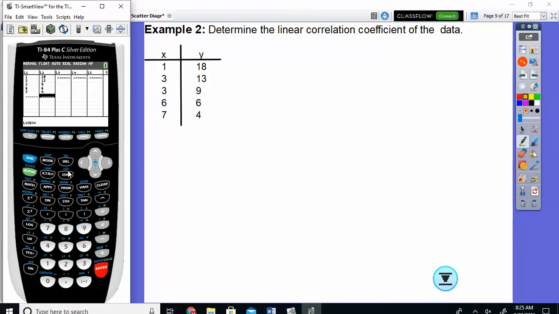So then, if I just want to get all my information at once, you can go to Stat, Calculate. You can either do one variable stats and do it once for L1 and once for L2, or if you go to two variable stats, your first one is L1, your second one is L2.